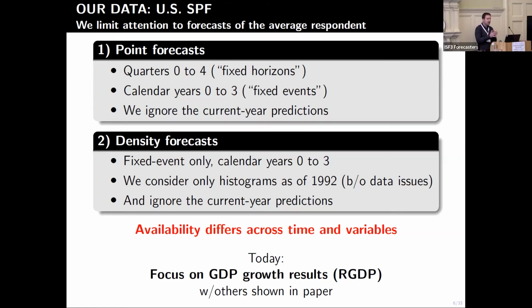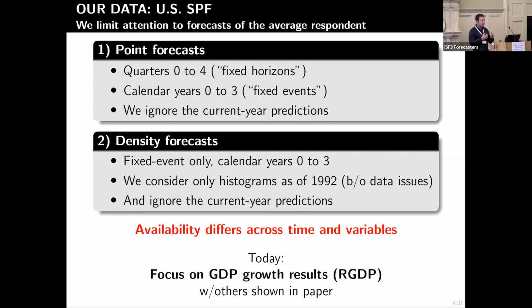What we do is that we ignore the current year predictions because these are spanned by the quarterly point forecasts. And then we also observe density forecasts, which are fixed event forecasts for the current calendar year and 3 years out. But we only consider these histograms from 1992 onwards due to data issues.